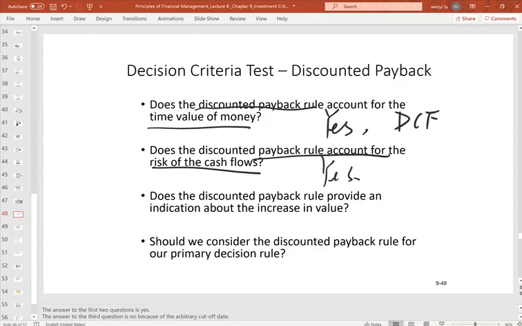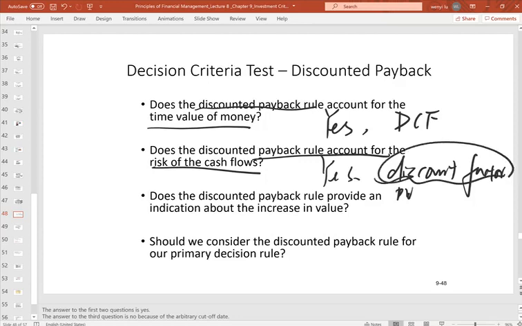Yes, because we use our discounted cash flows. Is this discounted payback period method accounting for the risk of the cash flow? Yes, because we use our discounting factors. So we already check the PV of each future value, so we consider this discount factor as a risk factor. So this one is okay.